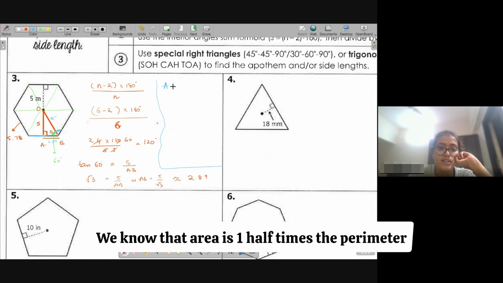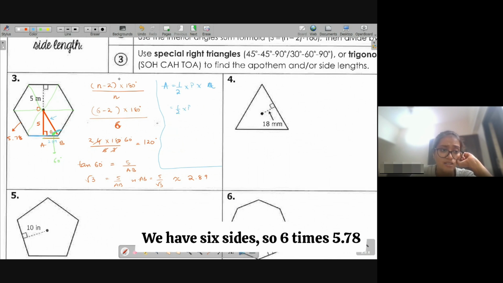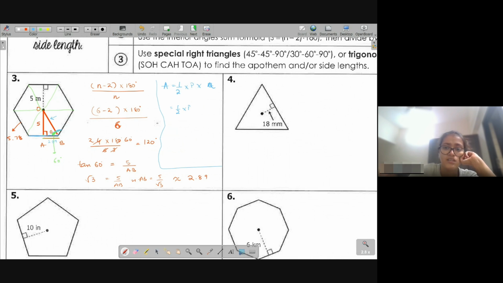We know that area is 1/2 times the perimeter times the apothem. The perimeter: we have 6 sides, so 6 times 5.78.